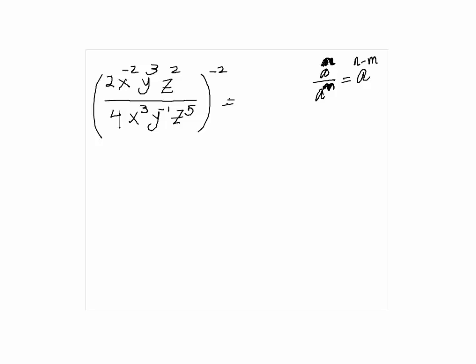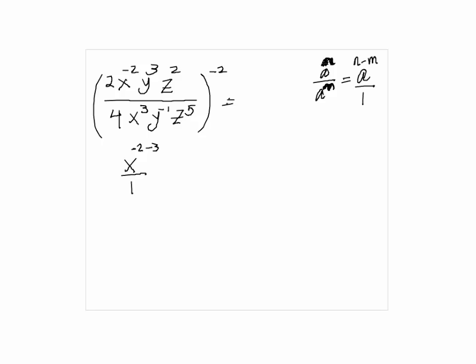So in this case, there are a couple of terms that we can simplify that way. So this one we have x to the power of negative 2 over 3. If I apply this property, that would be x to the power of negative 2 minus 3 over 1.